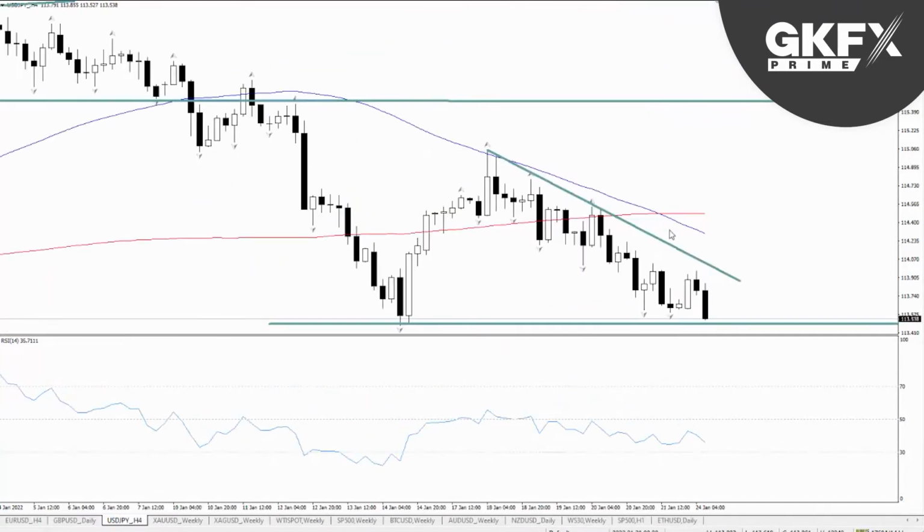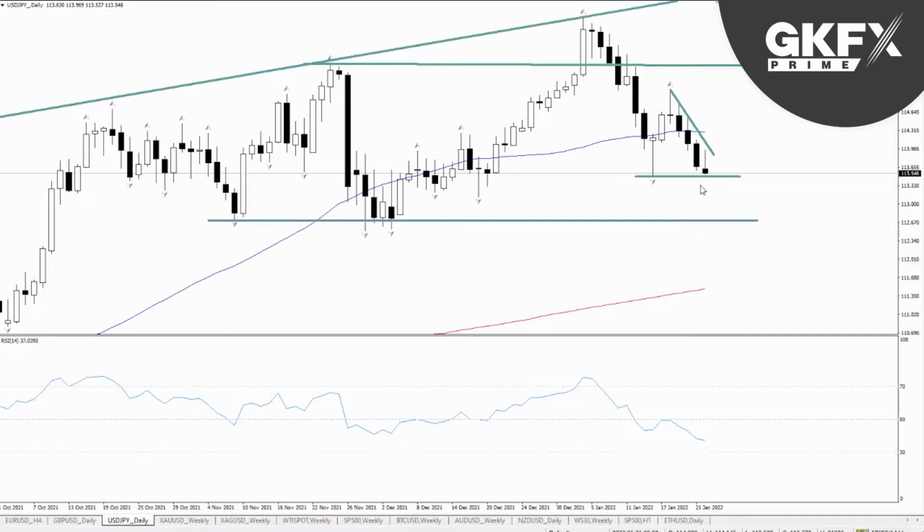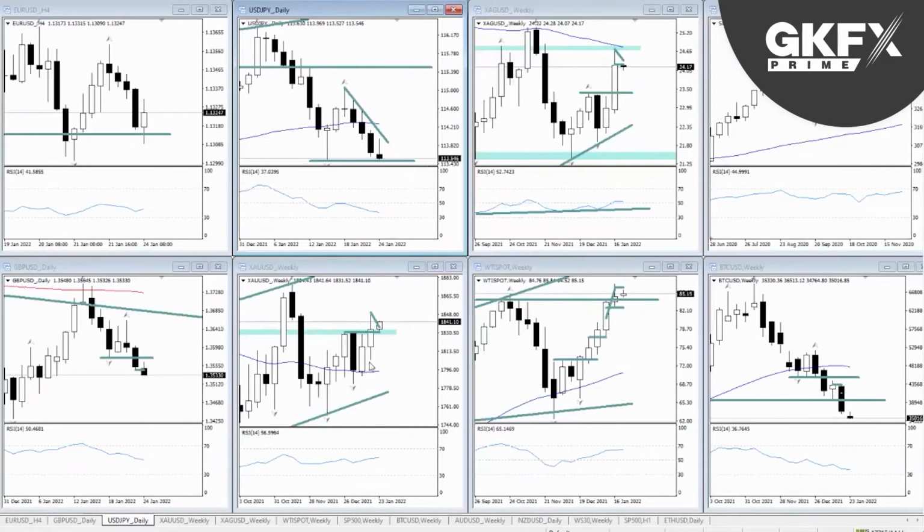But if this line just holds and we break down through support, then obviously the daily trend, which is down, is putting pressure on the weekly trend, and we may actually get a breakthrough and make a lower low, in which case we're just kind of downtrending on all the major time frames.